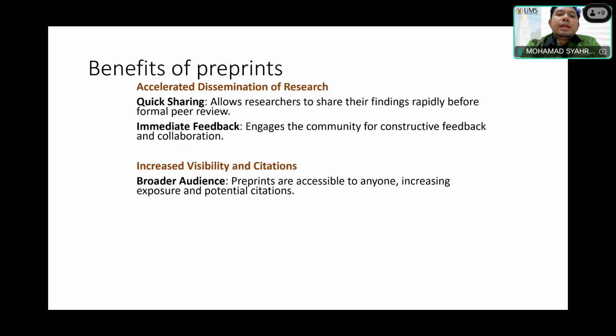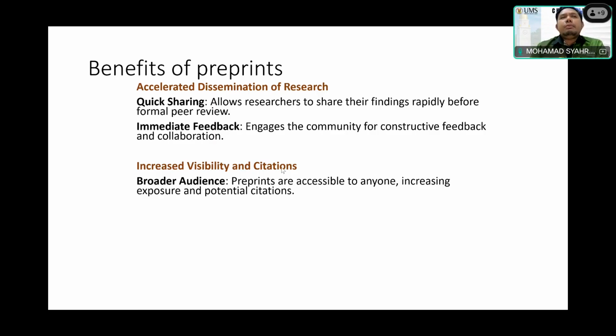Preprint means that you can accelerate dissemination of research. I mean, it's not officially published, but the academic community can comment on the paper. Yeah, it's public, people can see your work, but it's not published yet. Yeah. So it increases visibility and citations.